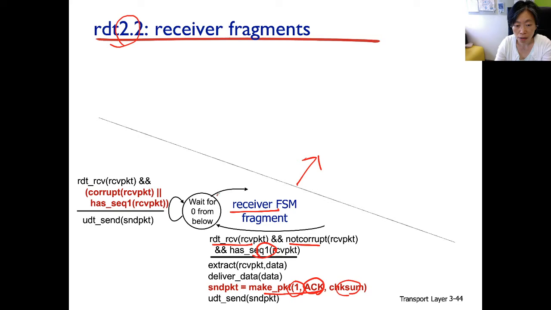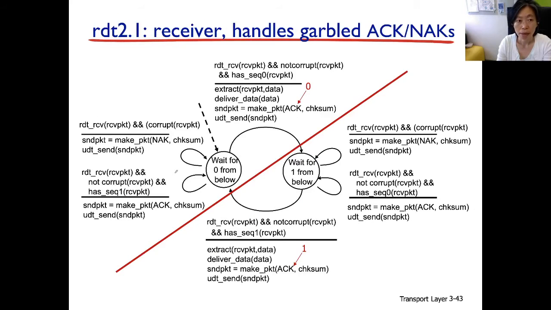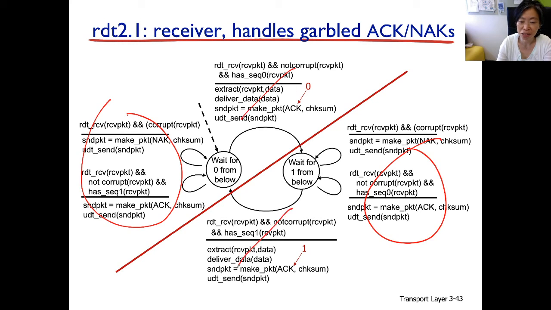For the other transition at the top, it will be make packet 0 ACK checksum. Now, the receiver side of RDT 2.1 actually has all these other transitions, right? We only handled this part, so we will still have to extend these transitions so that they work for 2.2.